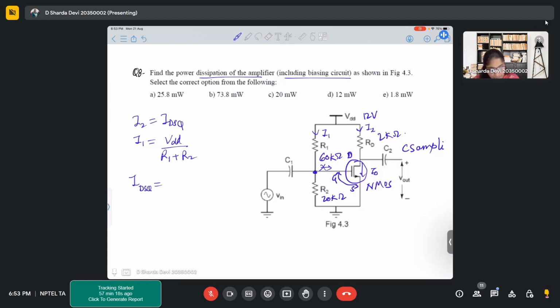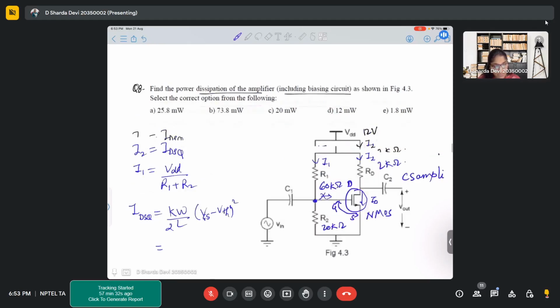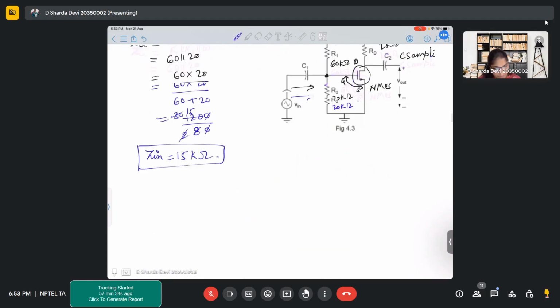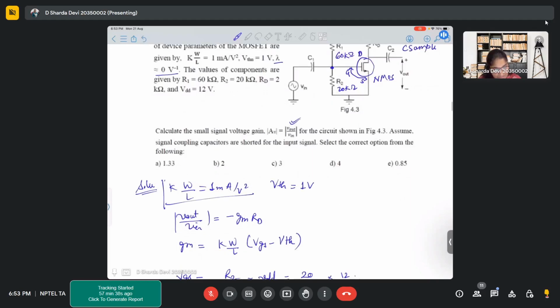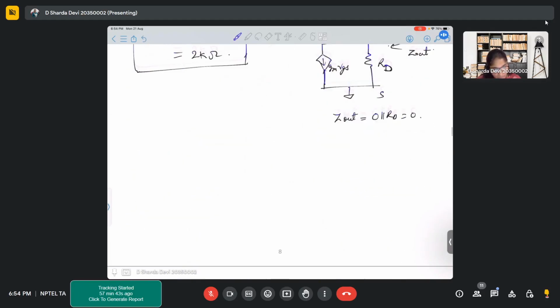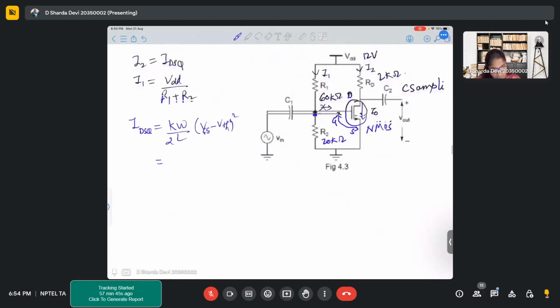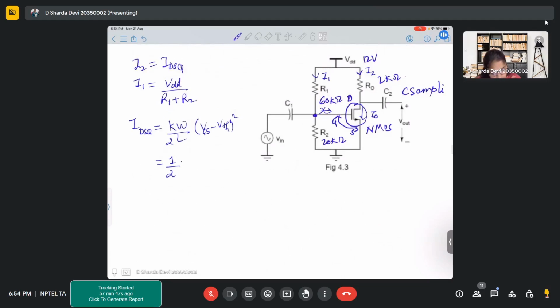How do we find IDSQ? IDSQ is k'W by 2L times (VGS minus VTH) whole square. k'W by L is 1 milliampere per volt square and VTH is 1 volt, so that is 1 by 2 milliampere per volt square.